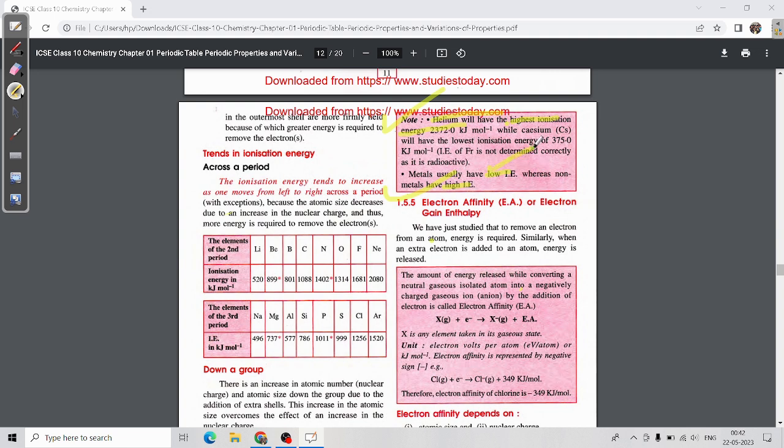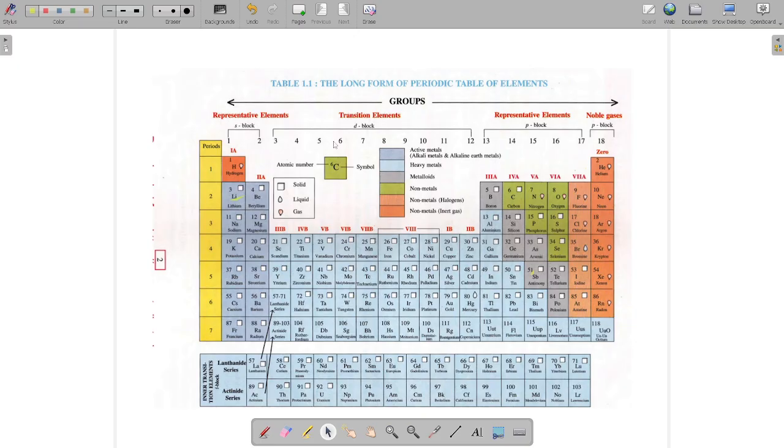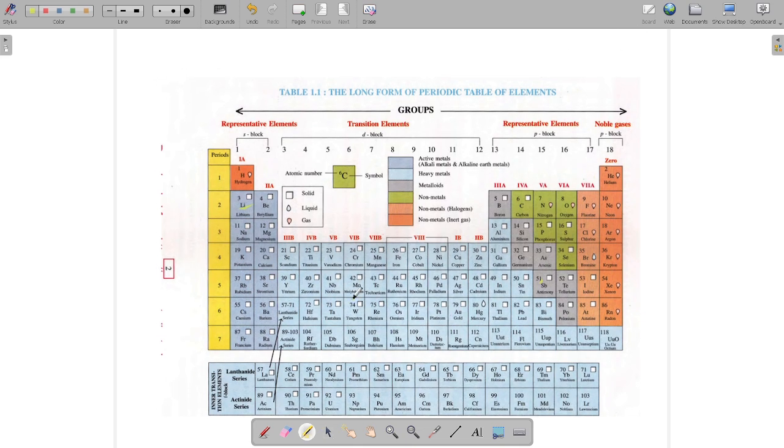This is the trend you have to understand, and I will tell you how helium has the highest ionization energy. See, what I have told you is that as we move across the period, the ionization energy will increase, and as we move down it will decrease. When we check about the periods it will increase, and when we check about the groups it will decrease.